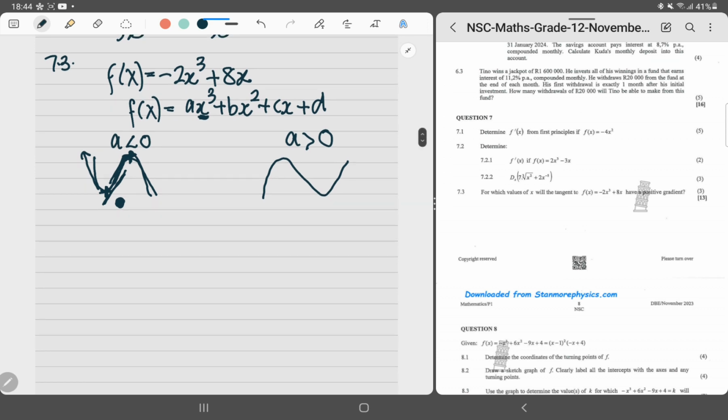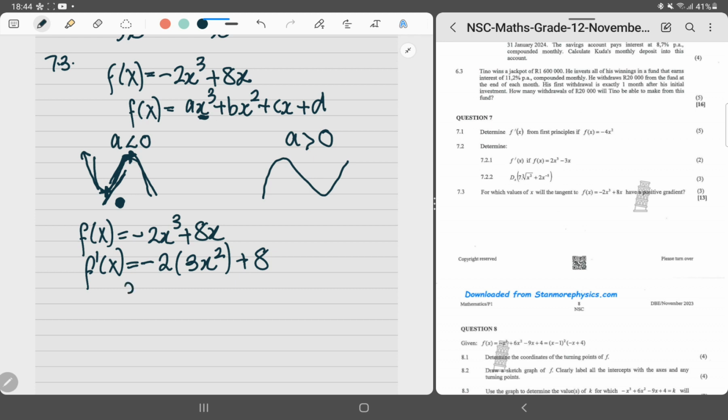So we need to find the coordinates of the turning point. And we know that the gradient at the turning point is equal to 0.